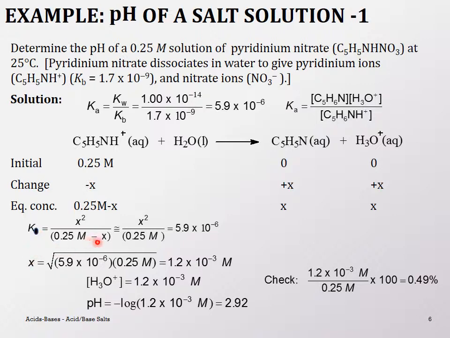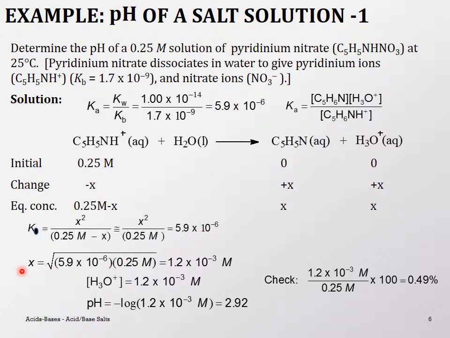You're going to ignore the minus X, because if you're dealing with a weak acidic salt solution, then X is insignificant as far as subtracting it is concerned. So this is going to be your equation: X squared over 0.25 is equal to 5.9 times 10 to the negative 6, which was the Ka of the salt.